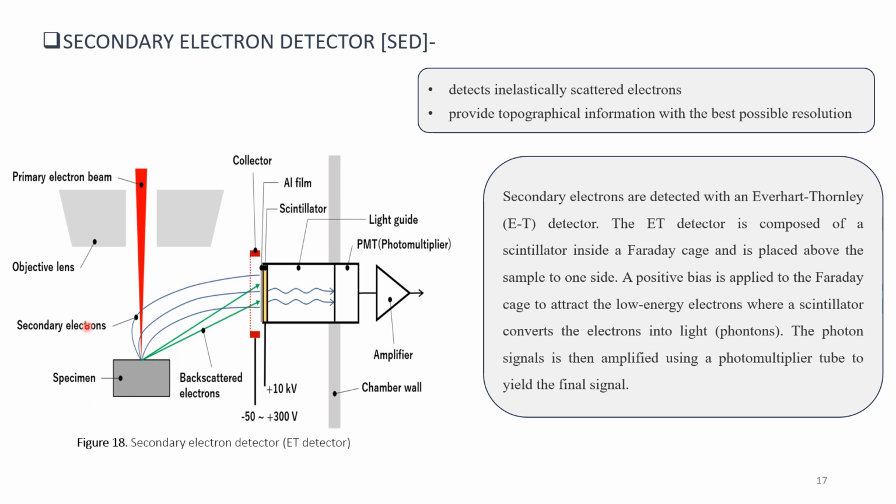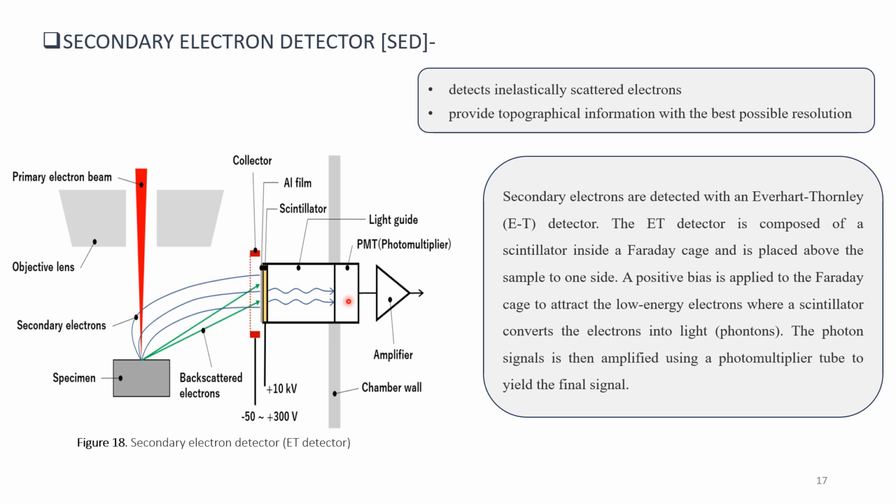As the secondary electrons are ejected from the sample, the detector has a positive potential applied on top of it, which attracts the secondary electrons towards itself, and it has a scintillator in it, which converts the electrons into light photons.